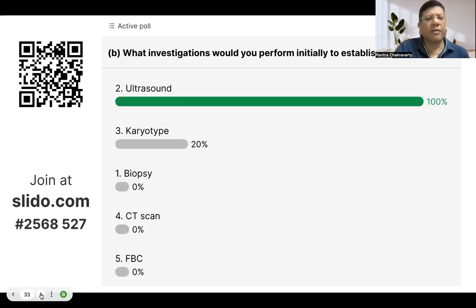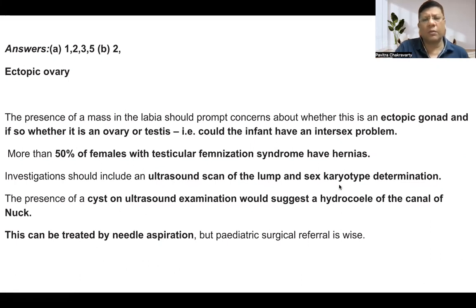So anyway, if we go through this one, the presence of mass. When you're seeing the questions, look very carefully at what is written. It will say whether they want one diagnosis, or possible investigations, or the most relevant diagnosis, or the first investigation you will do.